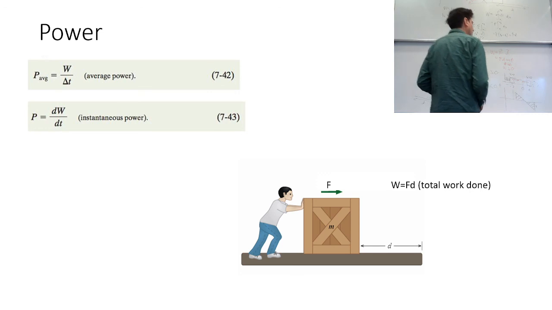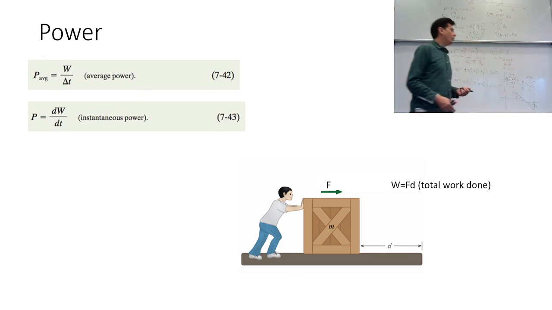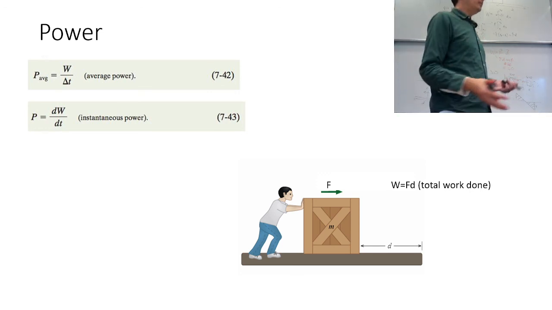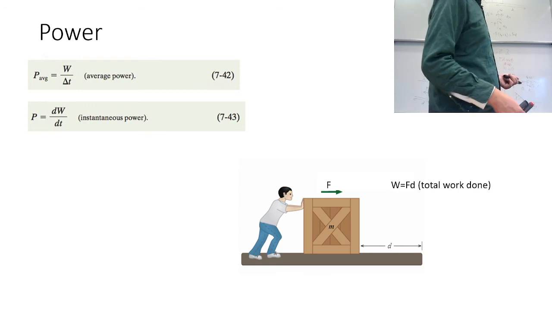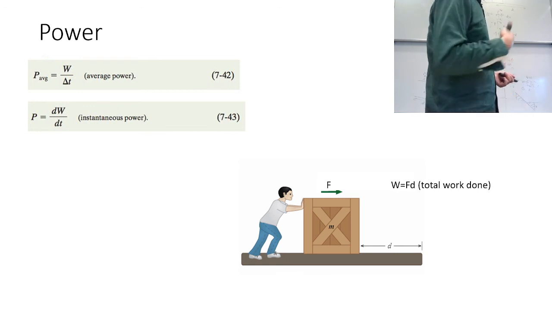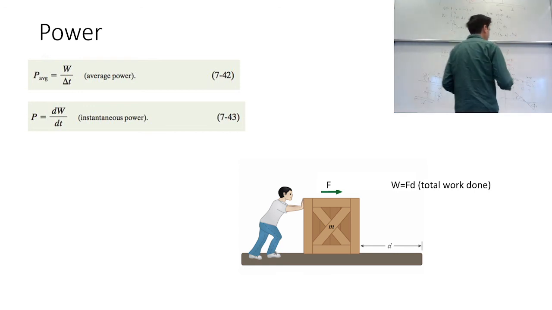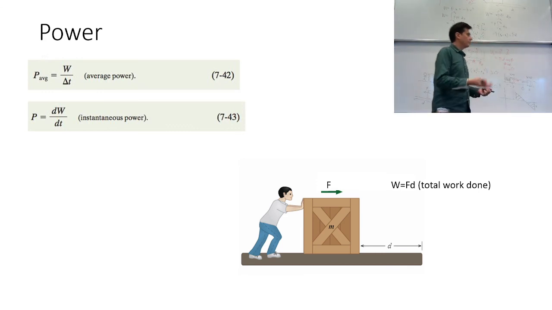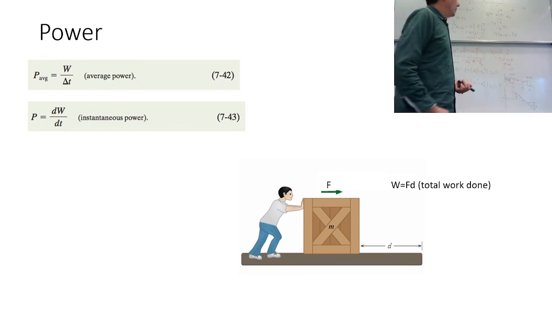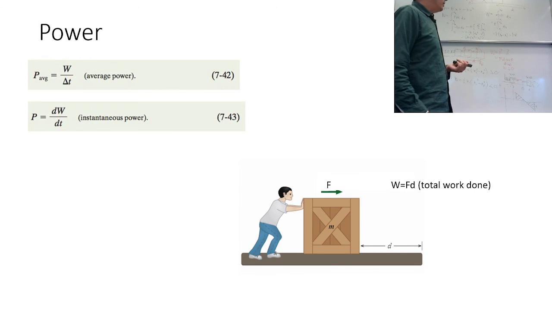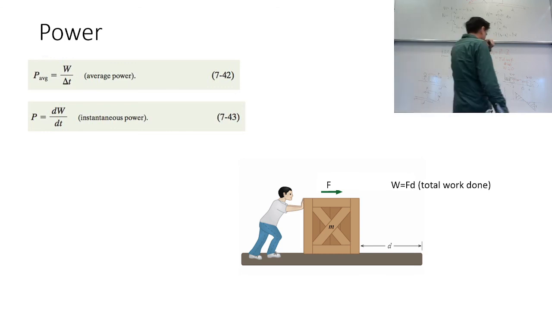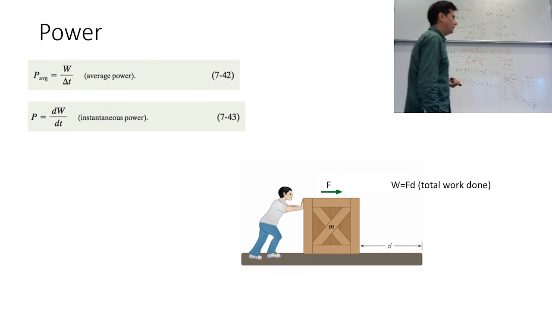I think you've heard of that before, hairdryer, 1,200 watts, something like that. That's the amount of energy per unit time that it's using up. In this case, work divided by the time, or if the work is changing dynamically in time, then you can also take a derivative, so there's instantaneous power.